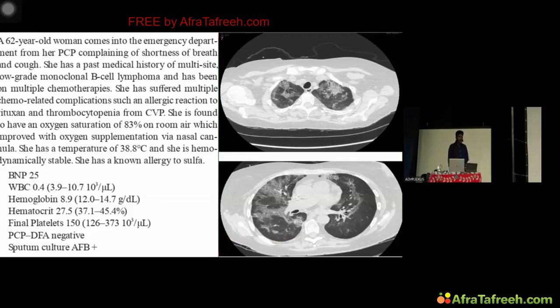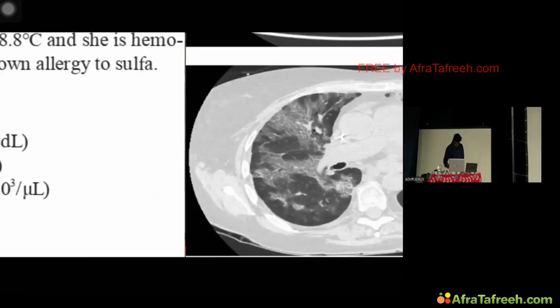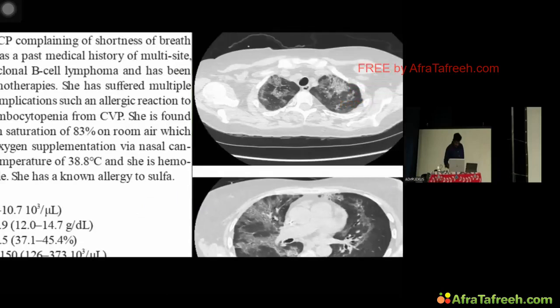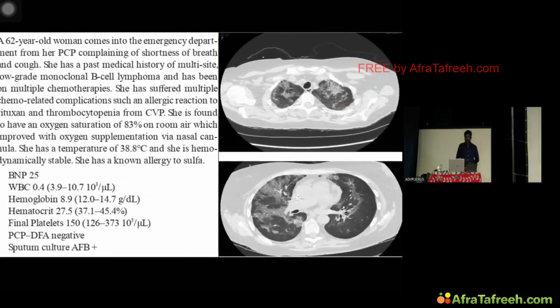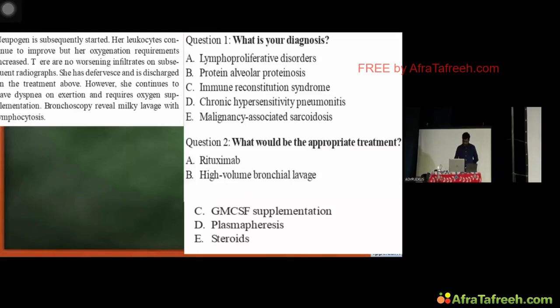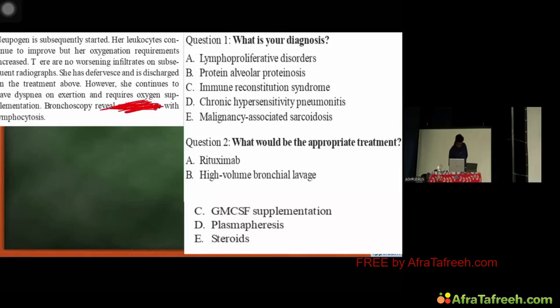If I give the next page, it will be easy for you to diagnose. Any clue here? We'll come to the next page. Neupogen was subsequently started. Her leukocytes continue to improve. What should be the answer?